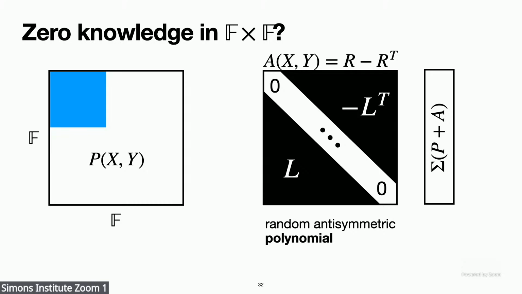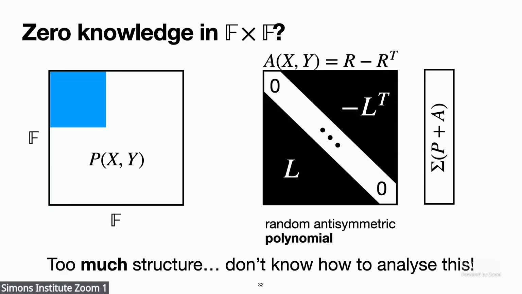It still has this antisymmetric structure, but this is no longer just an arbitrary random matrix. It also has this low degree structure that's more difficult to work with. This is too much structure for us, and we don't really know how to analyze it. Probably the antisymmetry and the low degreeness interact in some weird way. Maybe if I were a mathematician, I would know, but I don't.